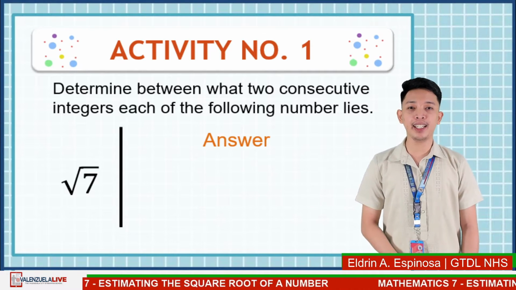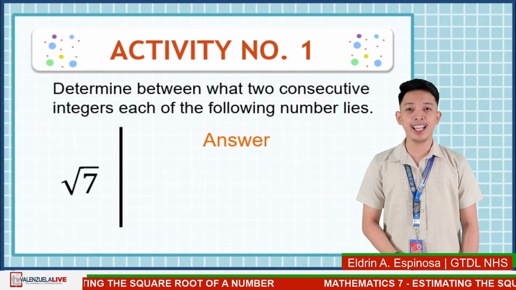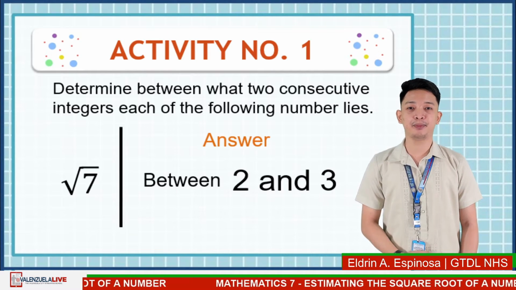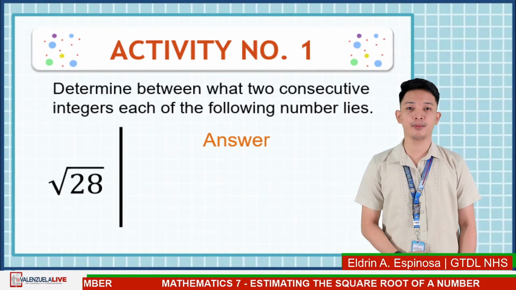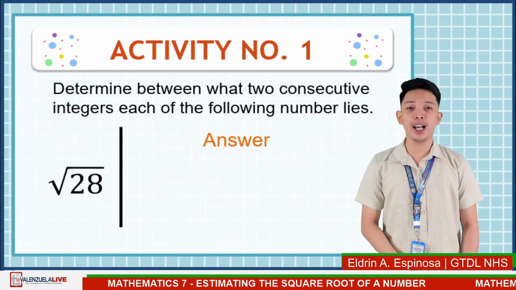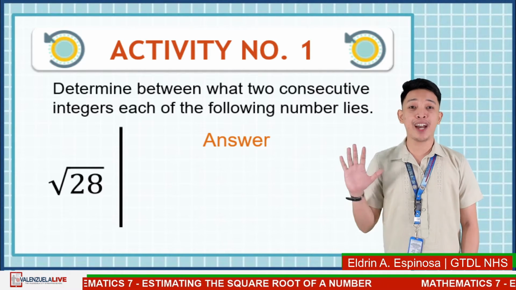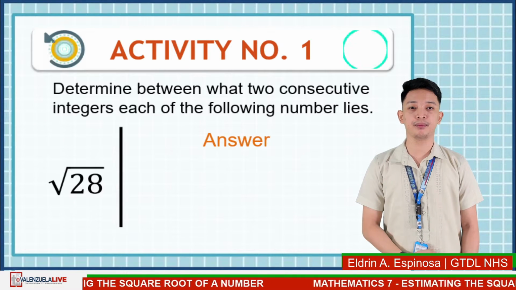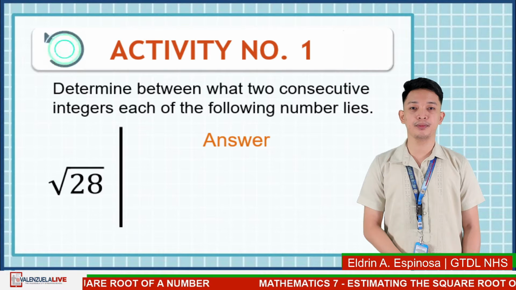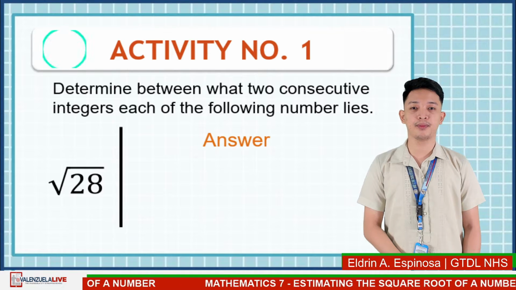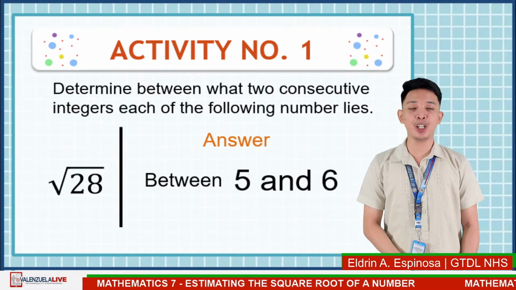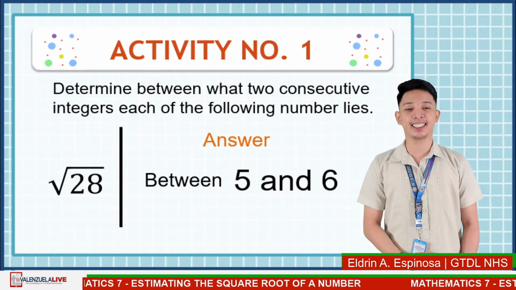If your answer is between 2 and 3, then you are correct. Next number, square root of 28. 5 seconds, go! All right, the correct answer is between 5 and 6.